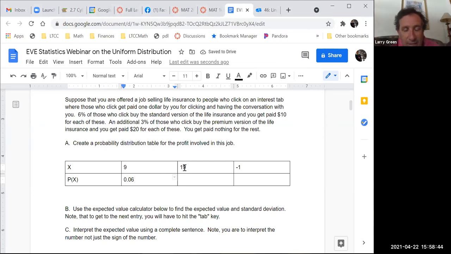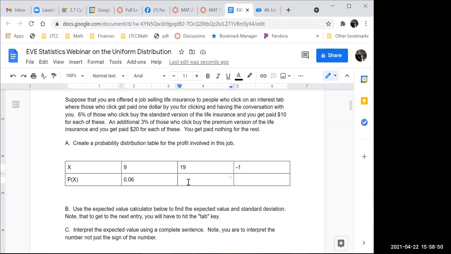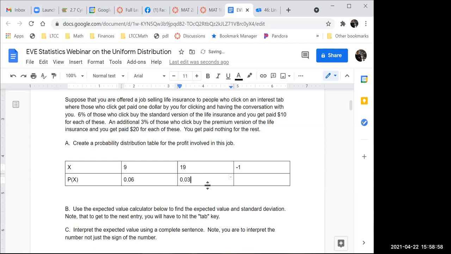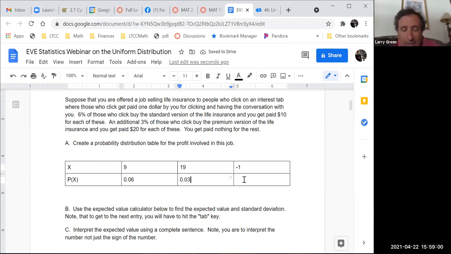And what is the percent chance that X equals 19? 0.03. Yeah, so notice 3%, and 3% is 0.03. All right, now we got to find out the probability of getting paid nothing, which means the probability that X equals -1.